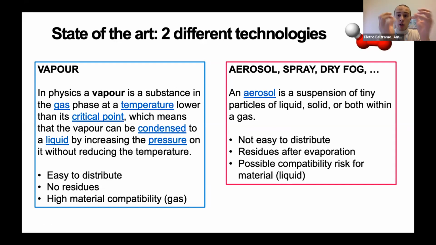And in a true gas, like I told you before, oxygen, to give you an example, the oxygen is a true gas and cannot come back to liquid at ambient temperature. No way. You can increase the pressure of the oxygen, you can increase the quantity of the oxygen, but you will never be able to have liquid oxygen at room temperature. To make liquid oxygen, you need to go down with the temperature, minus 200, whatever.